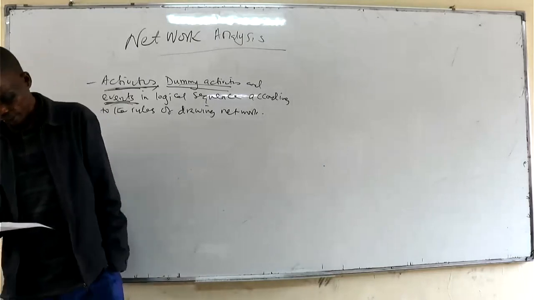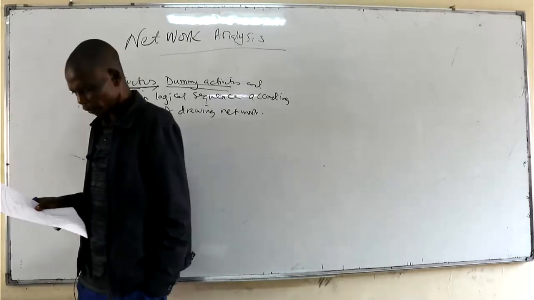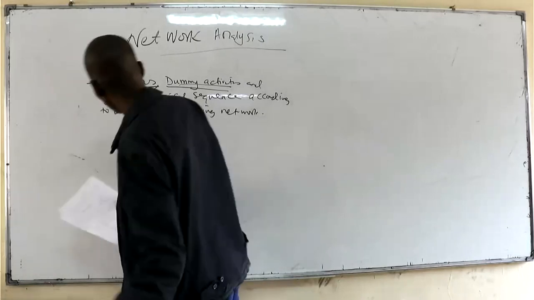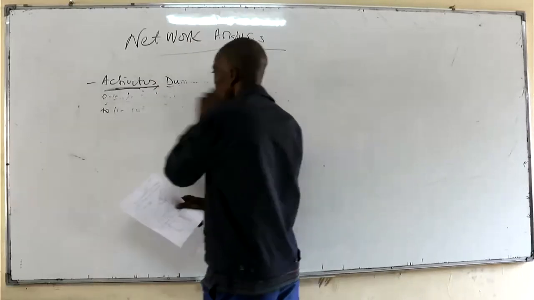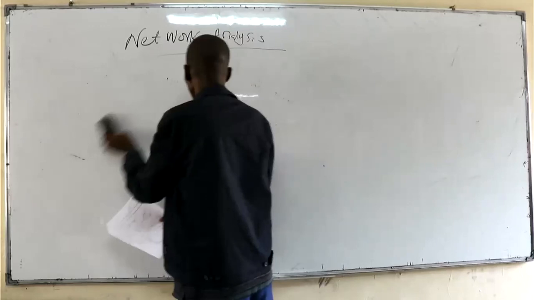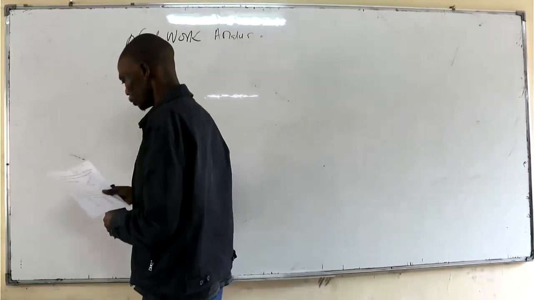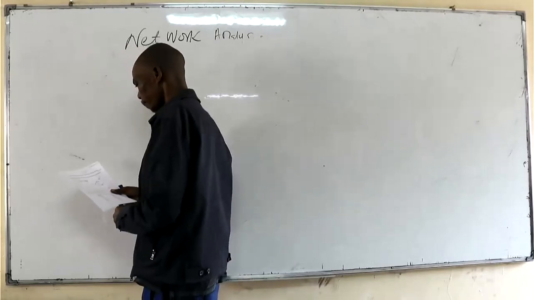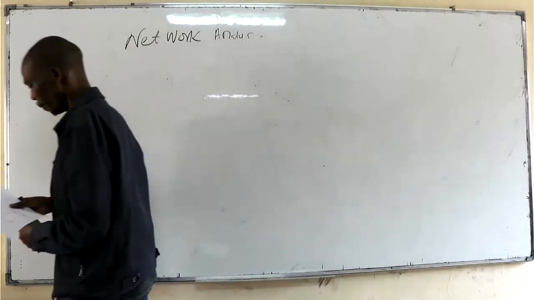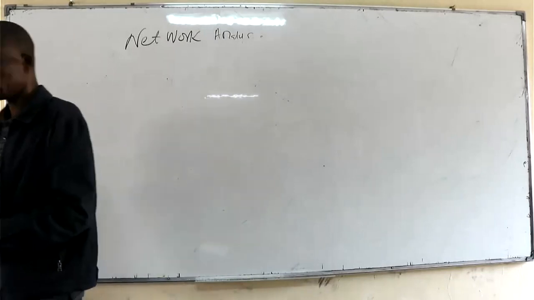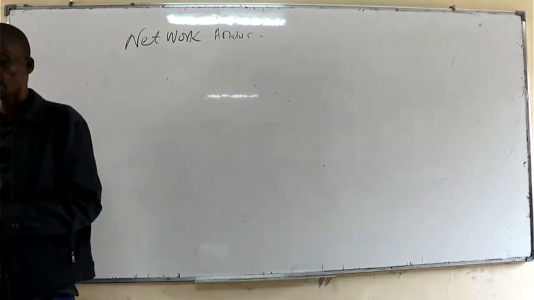So you've been given that question, and you want to use it to understand how we are able to draw a network. You've been told to draw a network diagram for the project, identify the critical path, and remember, the critical path is simply a chain of activities with the longest time duration.